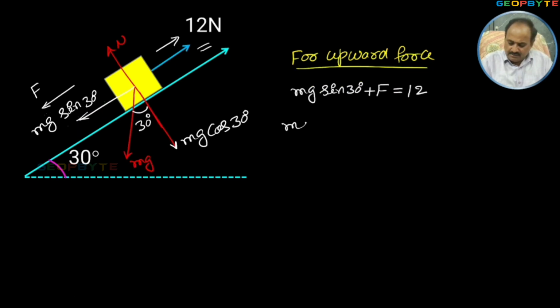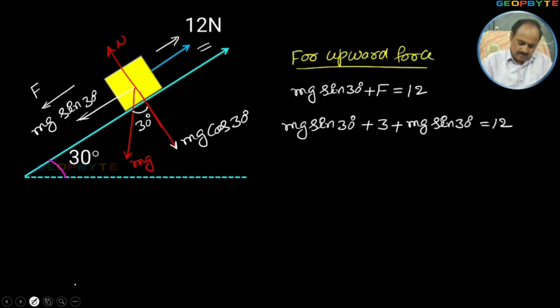So mg sin 30 plus 3 plus mg sin 30 equals 12. So this is mg sin 30 plus mg sin 30.